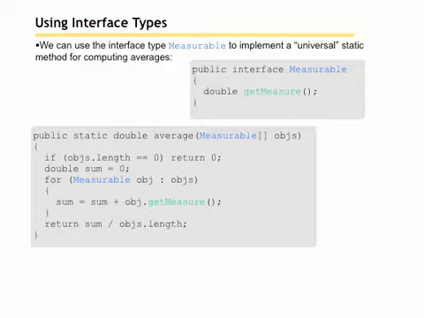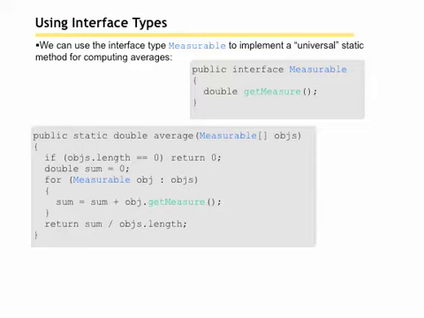When we say this, we're not implementing the static method for computing averages inside each of the classes. Rather, it would be in a client of these classes. So if we say public static double average(Measurable[] objs), look at this, we're passing in an array of Measurable references, because just like a superclass reference can reference objects of a subclass, similarly with interfaces, if we have a class that implements an interface, we can reference objects of that class with interface references.